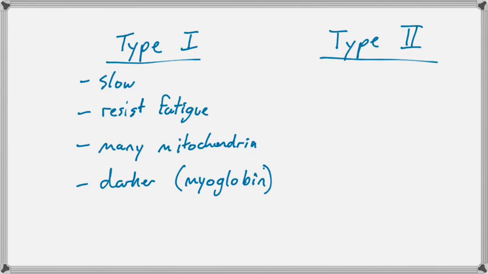So it holds oxygen in the muscles so that oxygen is there and ready for use. They also tend to have a larger storage of things like glycogen and fats.